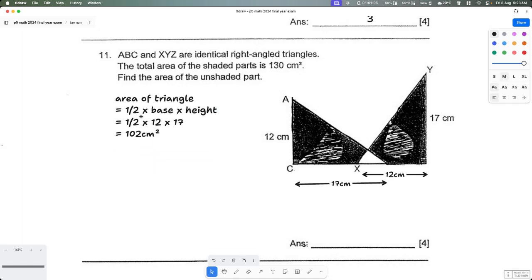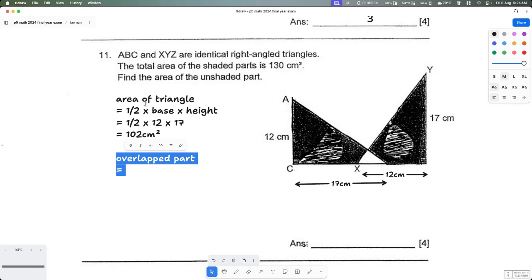From here we also know that the total area of the shaded parts is 130 square centimeters. So the overall overlapped part, if you overlap something, in this case, is basically the area of a triangle.